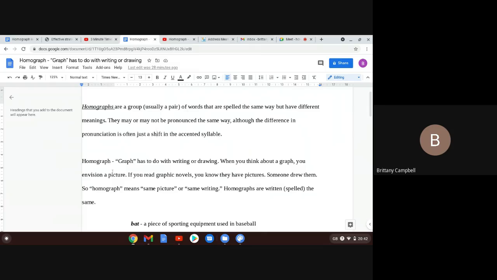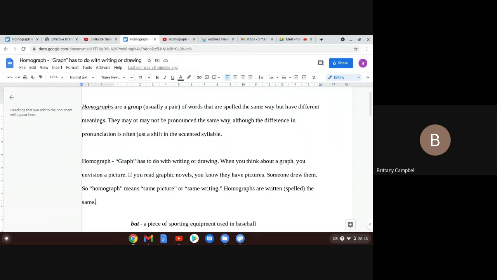Now, homographs, graph has to do with writing or drawing. When you think about a graph, you envision a picture. If you read graphic novels, you know that they have pictures. Someone drew them. So homograph means same picture or same writing. Homographs are written or spelled the same way.